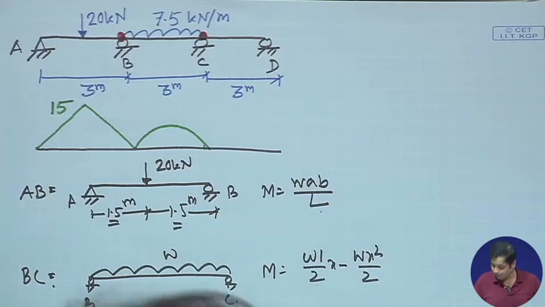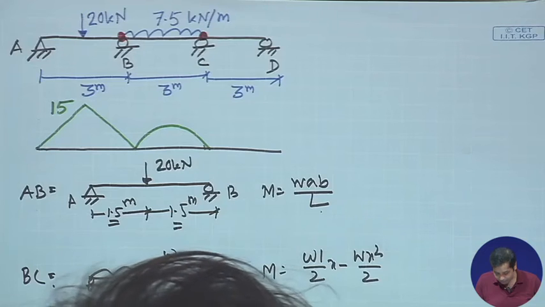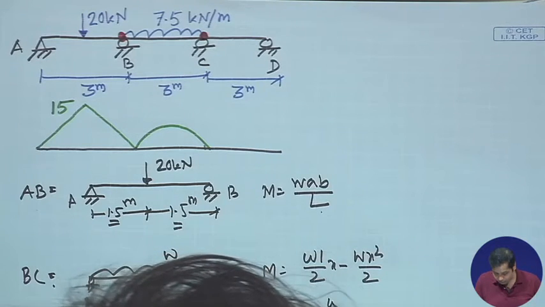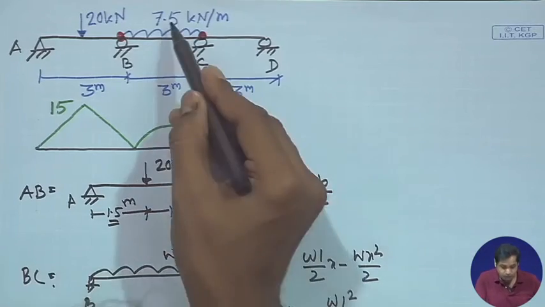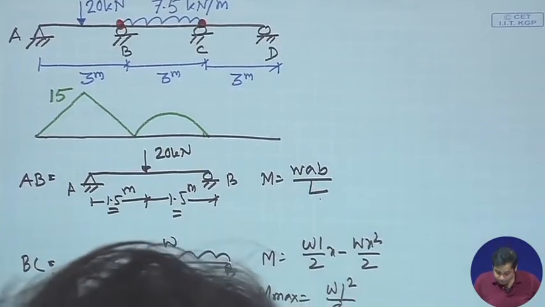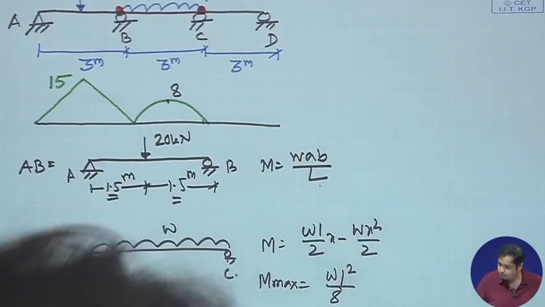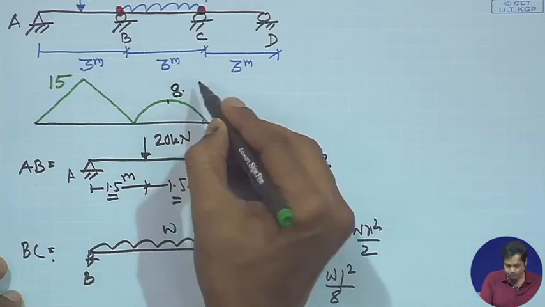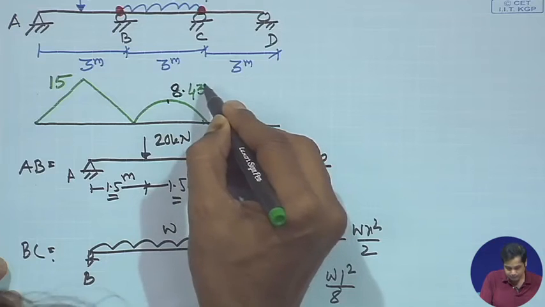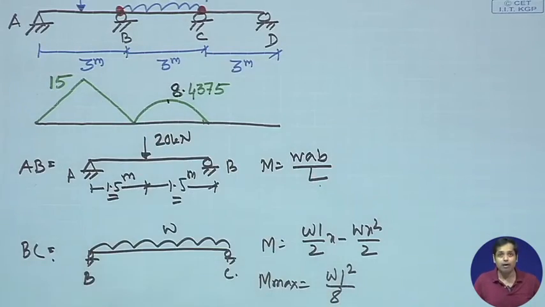That is the expression for bending moment, and bending moment is maximum at midspan, where M max is equal to W L square by 8. So, L is equal to 3 meter, W is equal to 7.5 kilonewton per meter, and this value becomes 8.4375 kilonewton meter. I am not writing the unit here. So, this is the bending moment diagram.